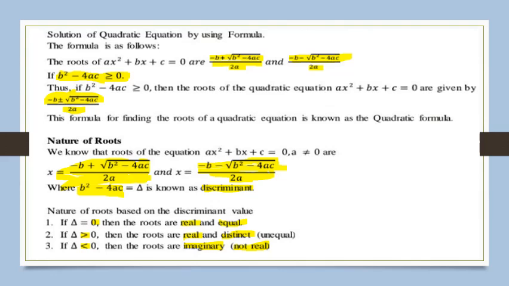These are the two solutions of the quadratic equation. Now b² − 4ac, as I already told you, is known as the discriminant.